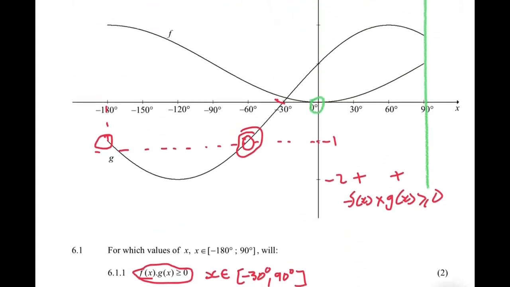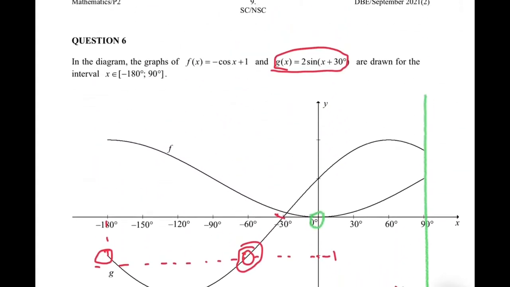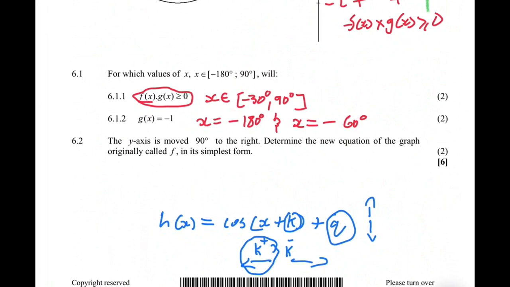So let's look at f of x. F of x is minus cos x plus 1. So let me just write that. So we have f of x, which is equals to minus cos x plus 1. And we want to move this graph 90 units to the left along the x-axis, right?